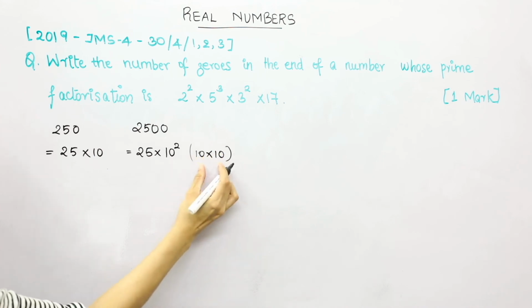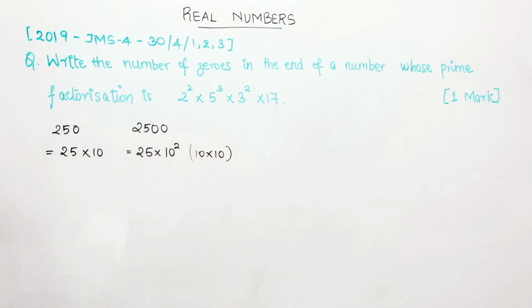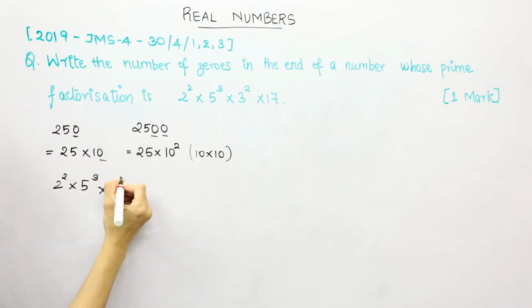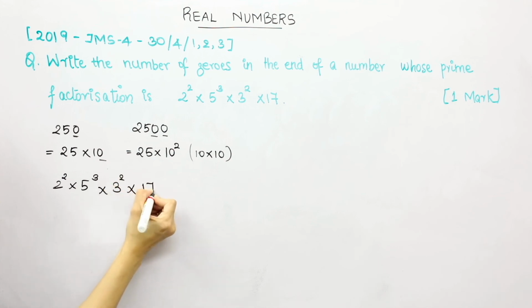So there are two tens appearing in its factorization. So the number of tens in the factorization is the same as the number of zeros in the end of the number. Now let's consider the given factorization, which is 2 squared into 5 cubed into 3 squared into 17.